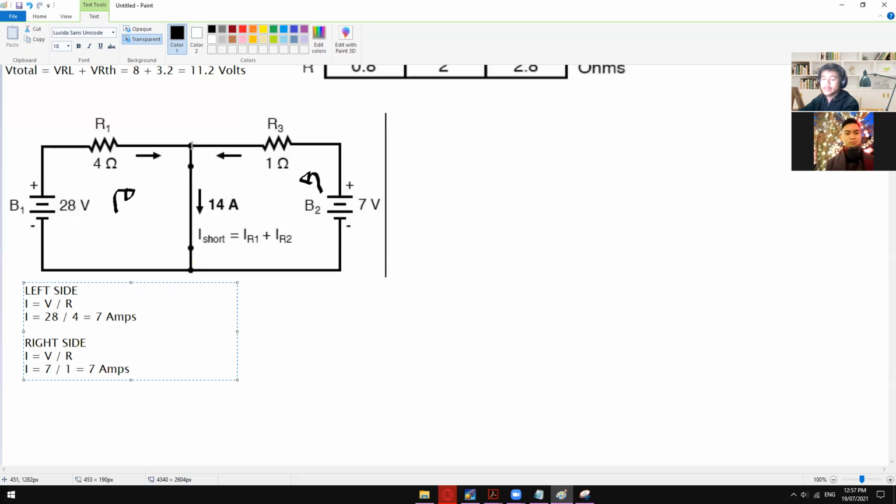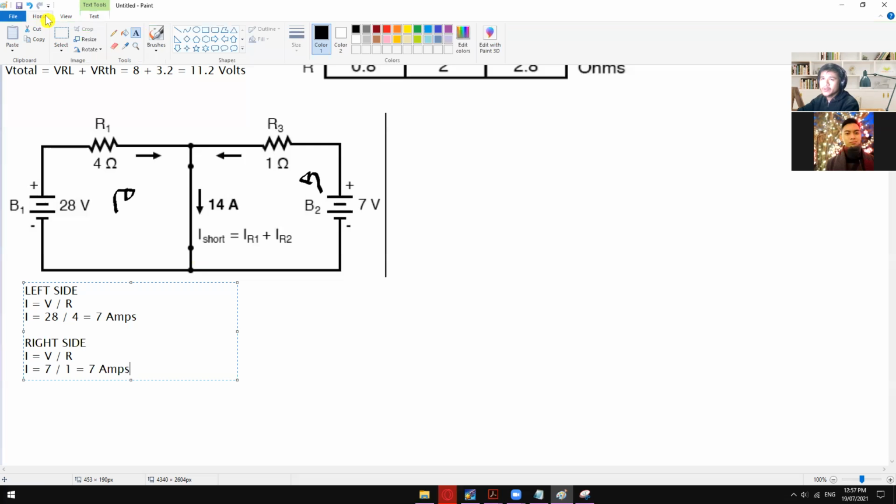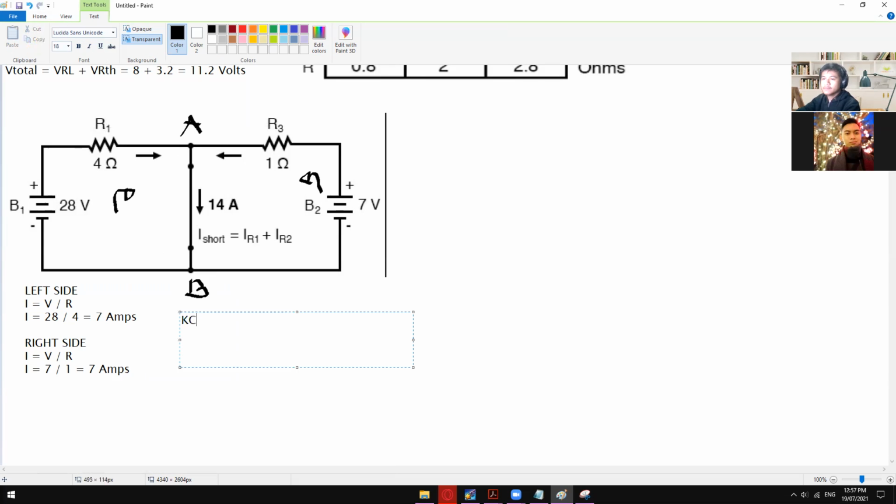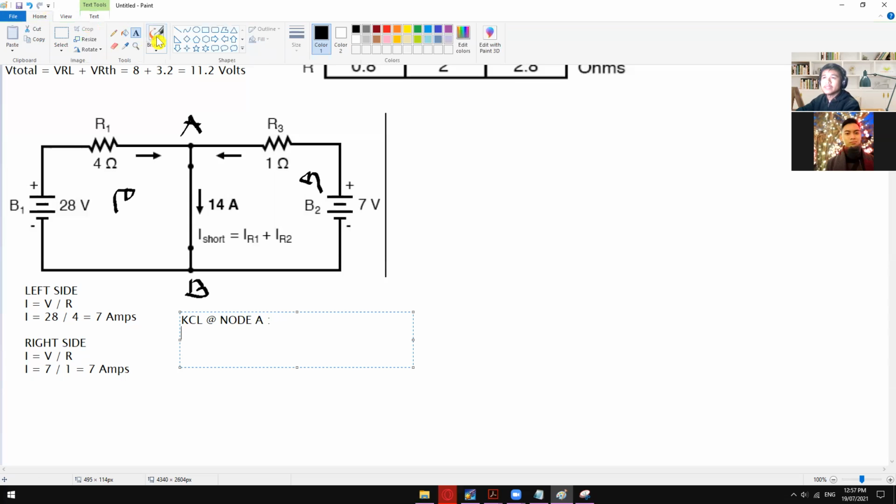Okay. And then with that, let's apply KCL on this node A. And let's say this is our node B. So KCL at node A, let's say we have I1, this is our I3, and this is our I2.